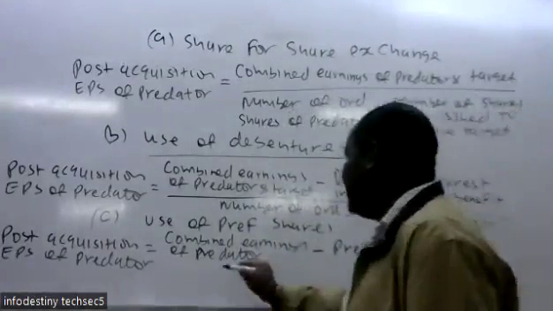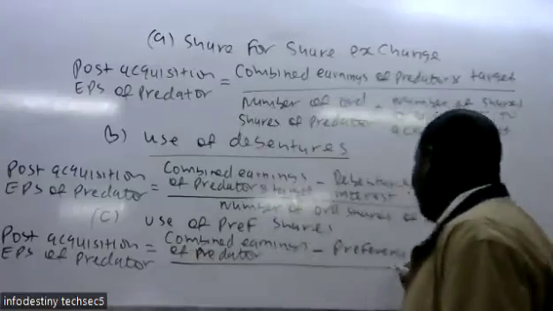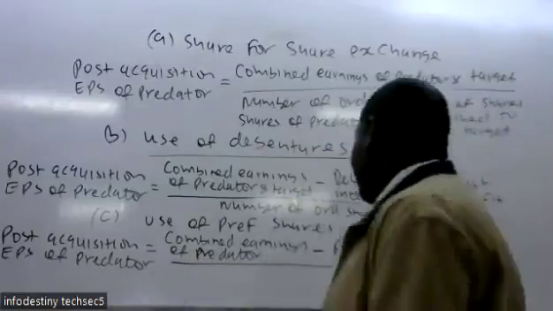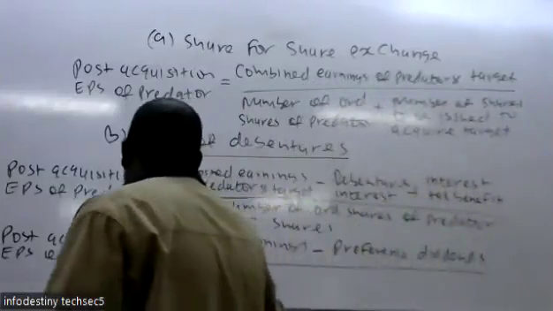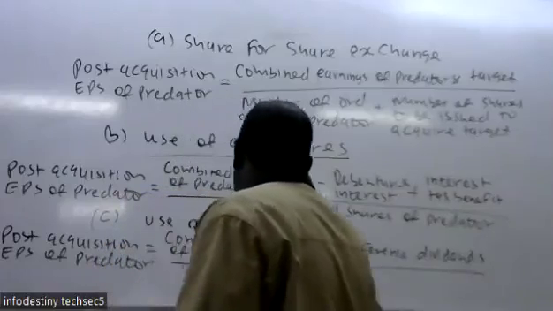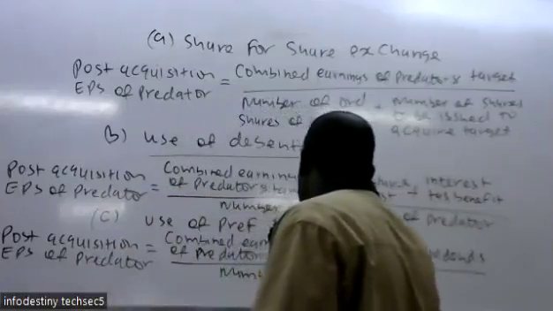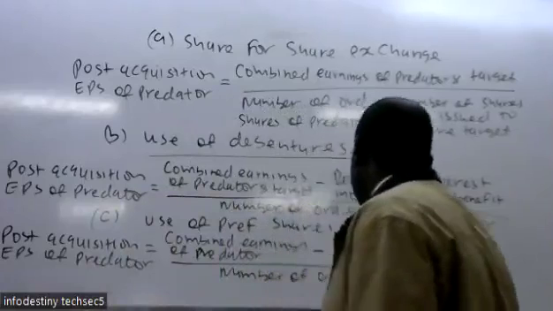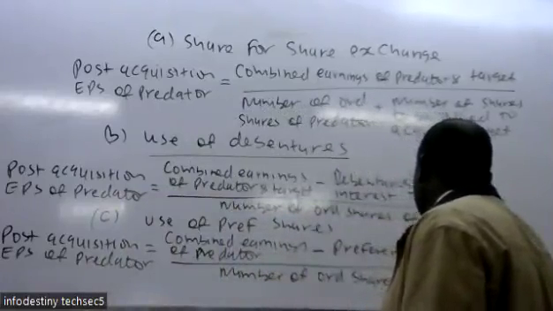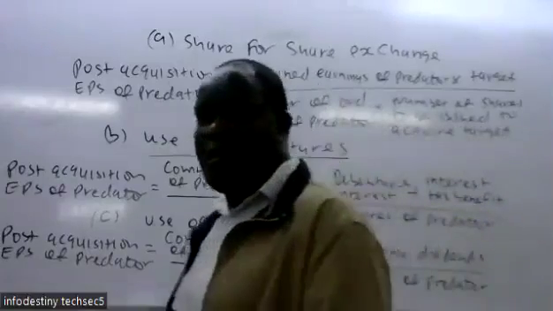Then we also divide by the number of ordinary shares of the predator.